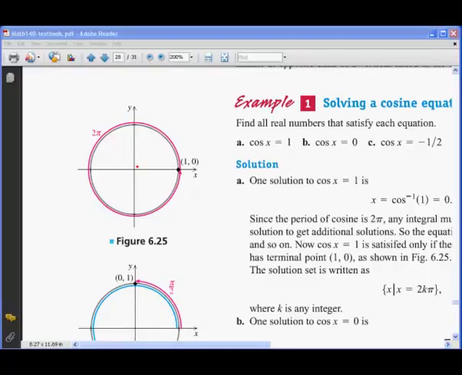We know the first specific solution of cosine x equal to root of 2 over 2 is pi over 4. So at this point, you have root of 2 over 2 as the x coordinate, and also root of 2 over 2 as the y coordinate. And you need to find the angle for which cosine x is equal to root of 2 over 2, right? So actually, you can draw a perpendicular through this point.